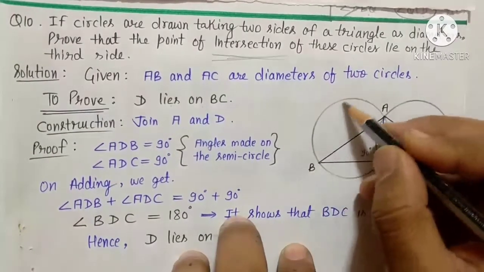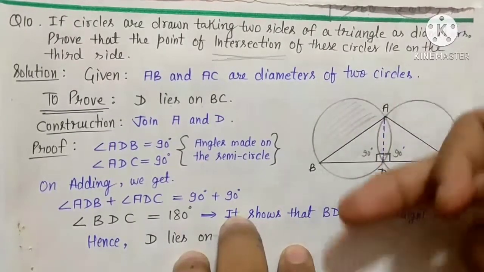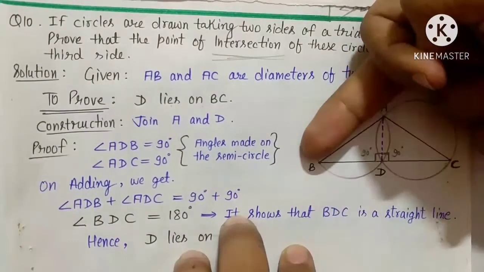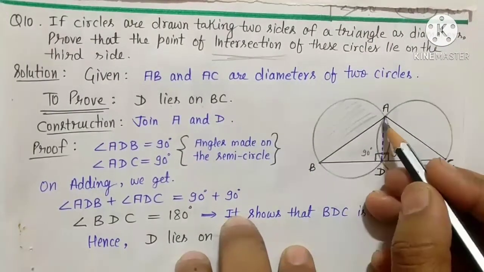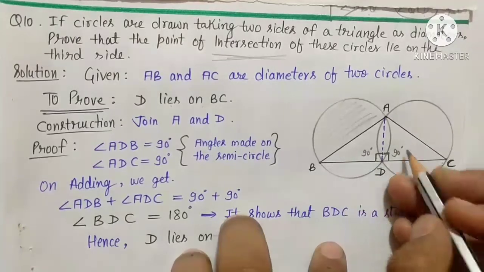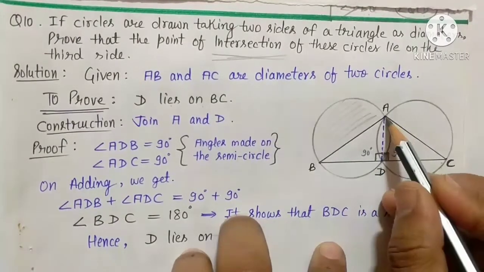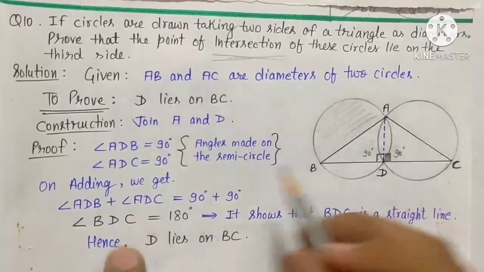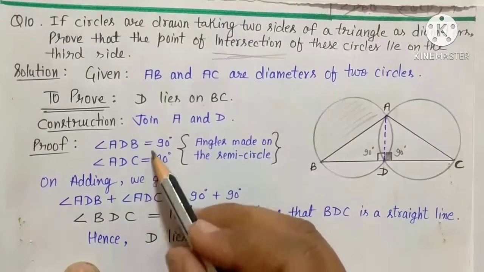It divides the full circle into two parts, and both are semicircles. This angle is made on the semicircle whose diameter is AB. And here also this angle of 90 degrees is made on the semicircle whose diameter is AC. So the angles made on the semicircle are 90 degrees each.